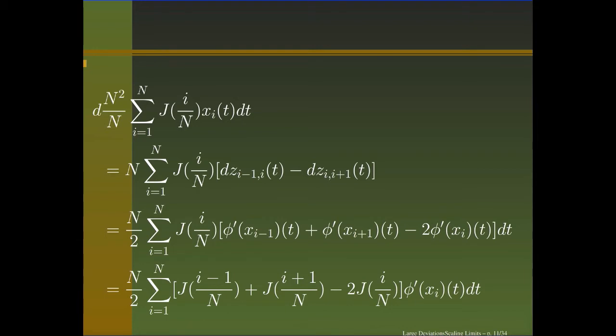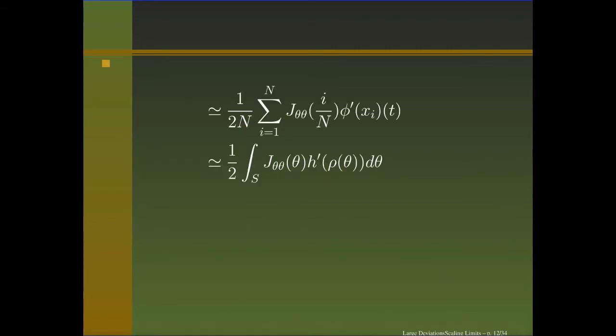So you assemble the terms, and basically what matters is this object. And notice that in this object you can do summation by parts twice, and the second difference gives you an n squared, 1 over n squared, and then you can see that roughly the second derivative of j comes in.